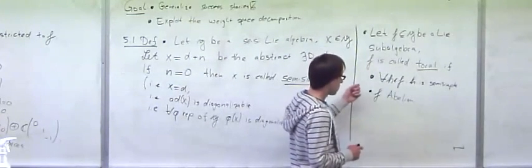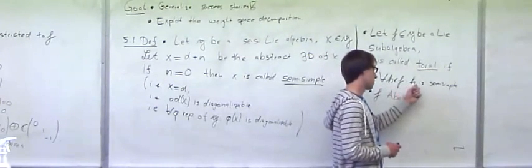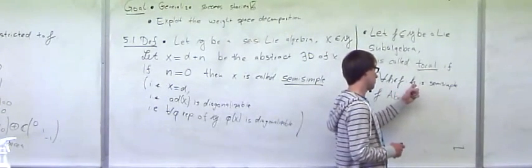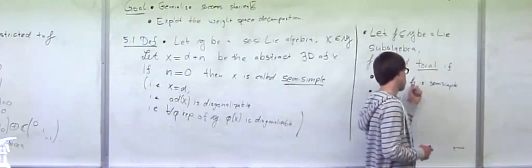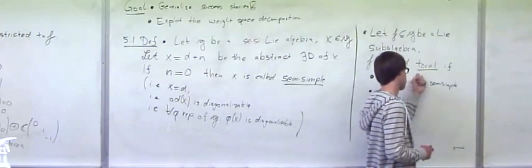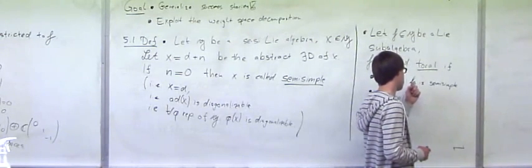So why could this work? First good thing is every element of our Lie algebra H is semi-simple. So each element acts diagonalizably.